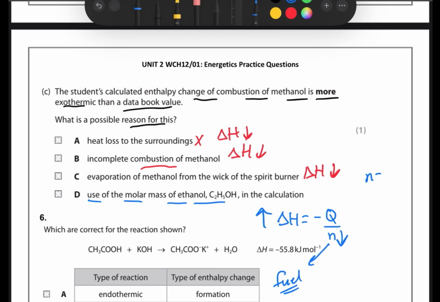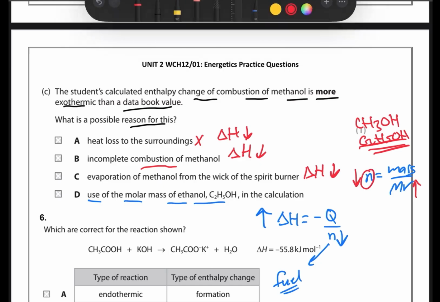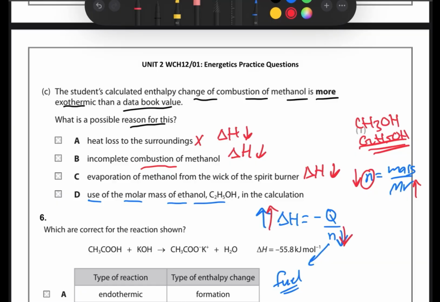The moles are equal to mass over molar mass. We have two types of alcohols. We have CH3OH and we have C2H5OH, which is ethanol. If the molar mass of ethanol, which is higher, increases, then the moles will decrease. If the moles decrease, delta H will increase for sure. So that's why the answer is D.